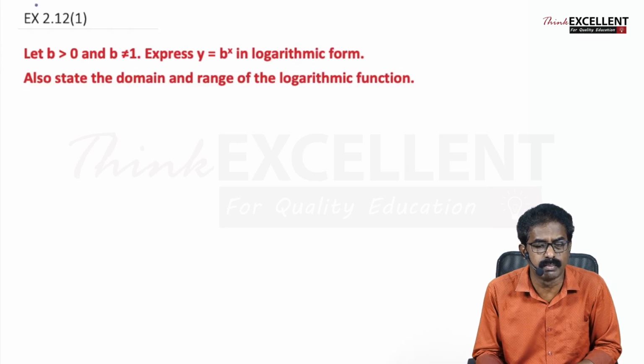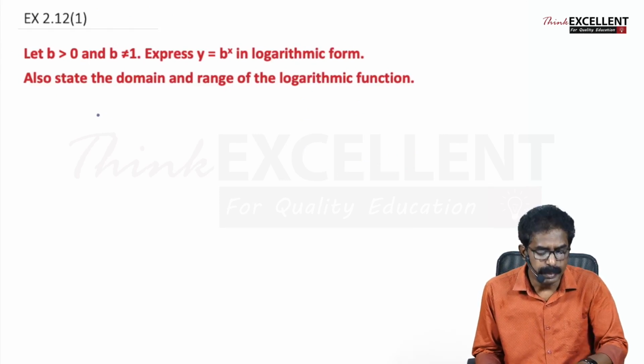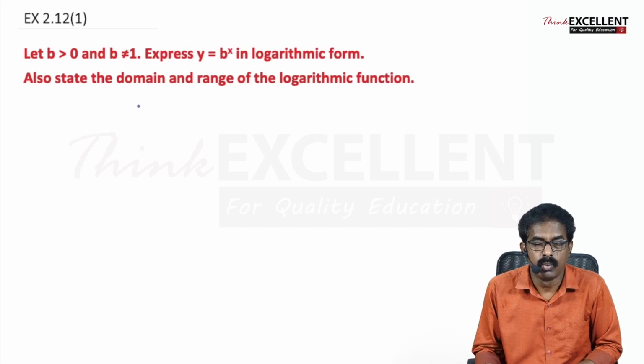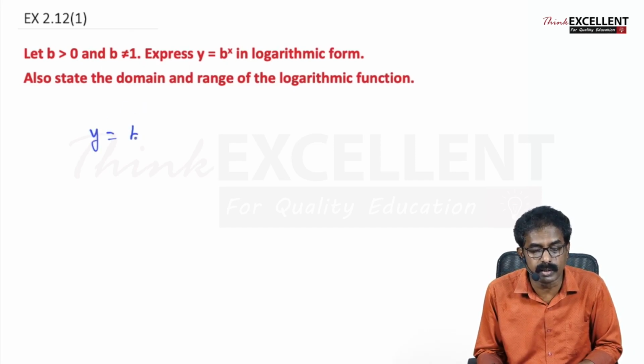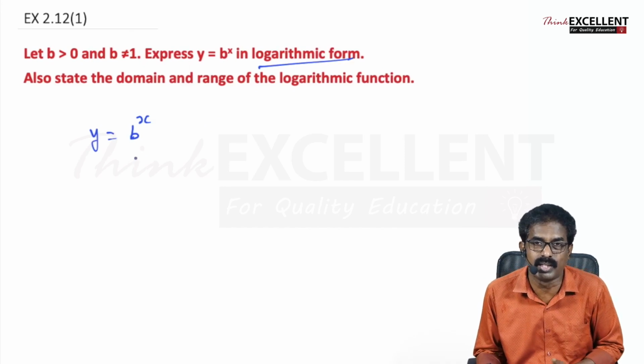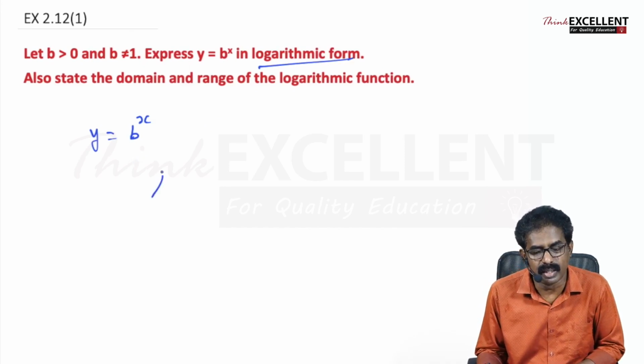Look at the first question, a very simple question. B greater than 0 and B not equal to 1, y equal to B raised to x. Express y equal to B raised to x in logarithmic form. It is given in exponential form. They asked to convert it into logarithmic form. Very simple, right? So log of the number which comes separately, y, to the base B equal to x.